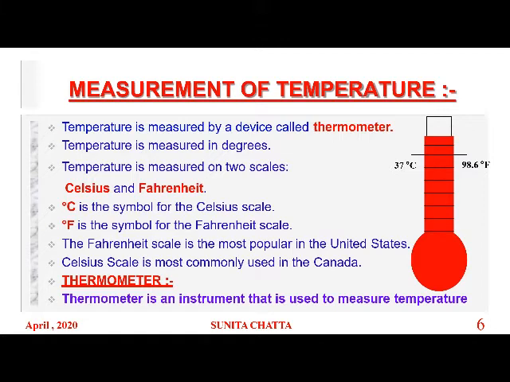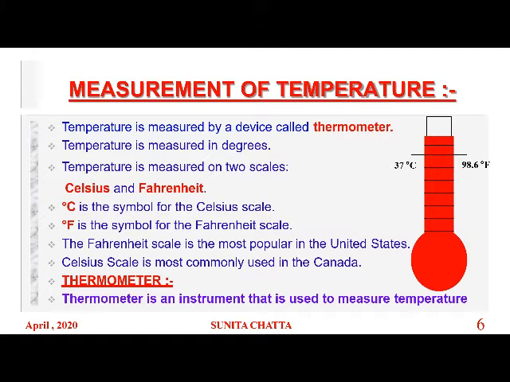Temperature is measured on two scales, Celsius scale and Fahrenheit scale. Degree C is the symbol for the Celsius scale, and degree F is the symbol for the Fahrenheit scale. The Fahrenheit scale is most popular in United States, and Celsius scale is most commonly used in Canada.